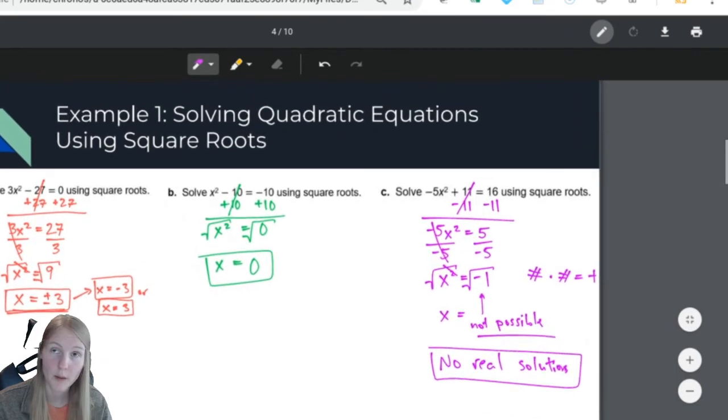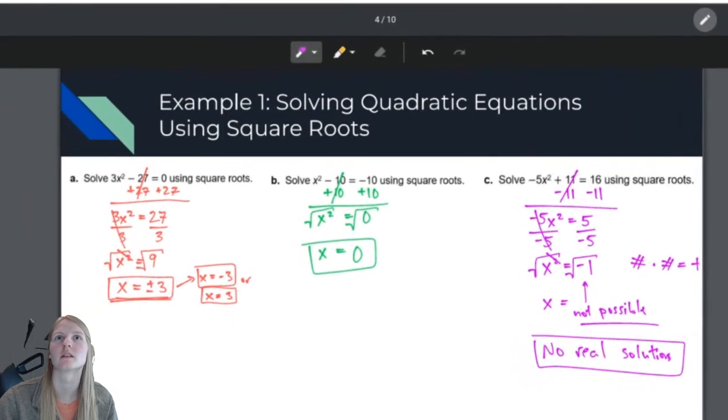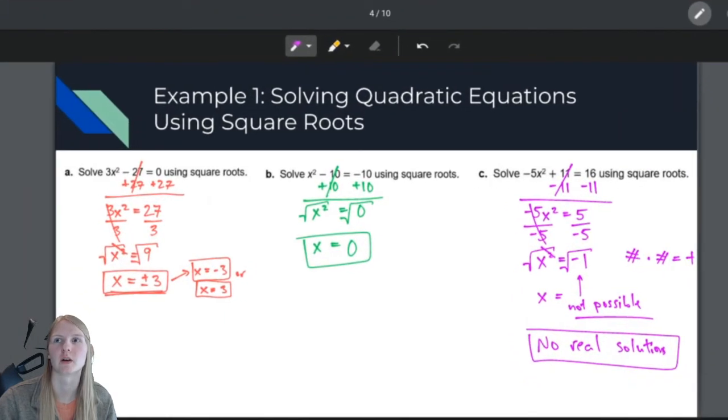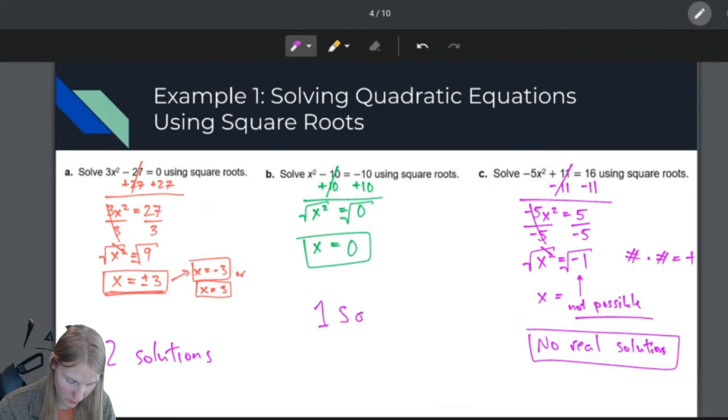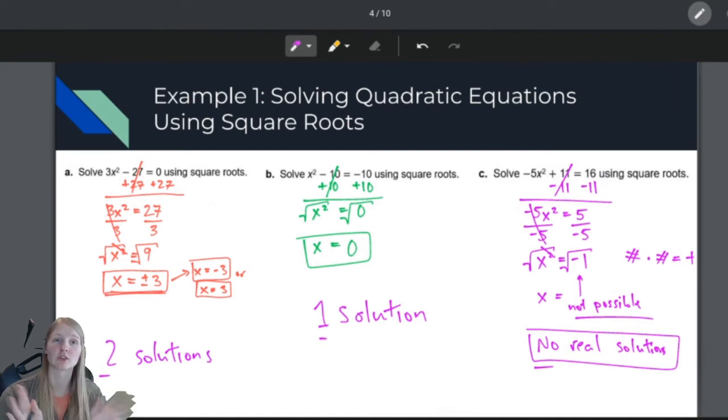We're gonna do one more. I hope you see this is two solutions, 1 solution, and no solutions. So you have seen examples of all 3 of them.